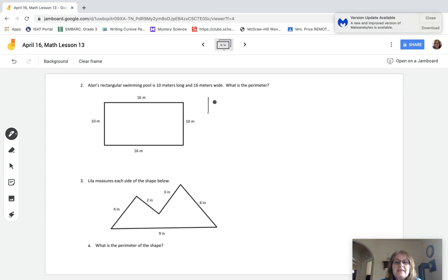So this would be 10 plus, let's do 16 plus 10 plus 16 equals, oops, well, 10 plus 16 is 26. So 26 plus 26 would be 54. No, 52. I mean 52.